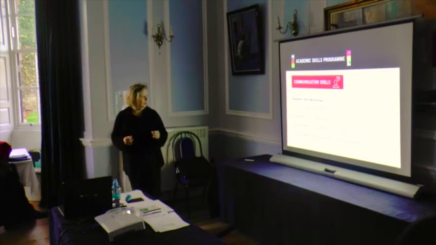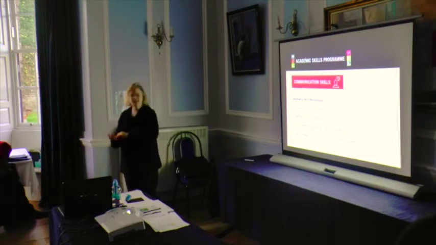Strategies for that. And Finding Images for Your Presentation Assignment is being run by library staff with a specialism in looking through appropriate databases and resources for images. So that's a useful one as well. I'll email you these slides so you will have the link if you want to look at the dates for any of these.